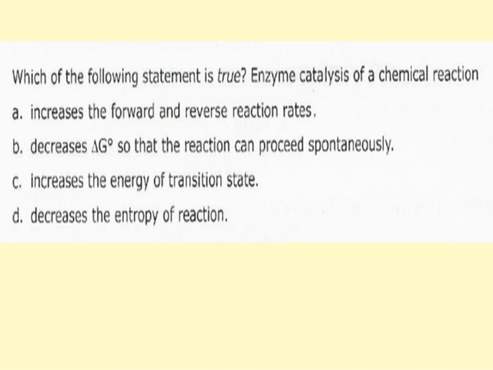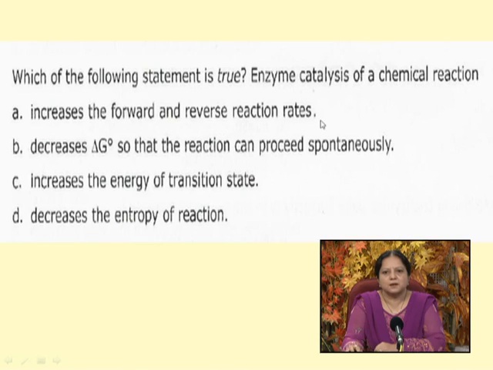Now, coming to some of the questions that are based on these concepts. This model question asks, which of the following statements is true? Enzyme catalysis of a chemical reaction increases the forward and reverse reaction rates, decreases delta G naught so that the reaction can proceed spontaneously, increases the energy of the transition state, and decreases the entropy of the reaction.